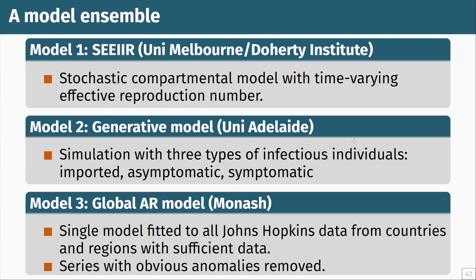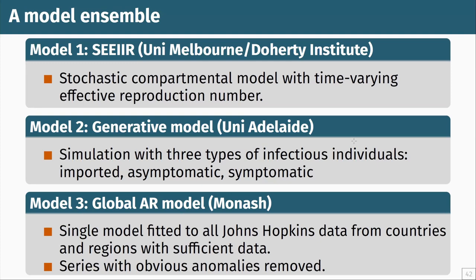So one was modelling how people move between groups from susceptible to exposed to infected to recovered. That's the SEIR model. One was trying to simulate individual behaviour, so it was trying to model the way people interacted as individuals.